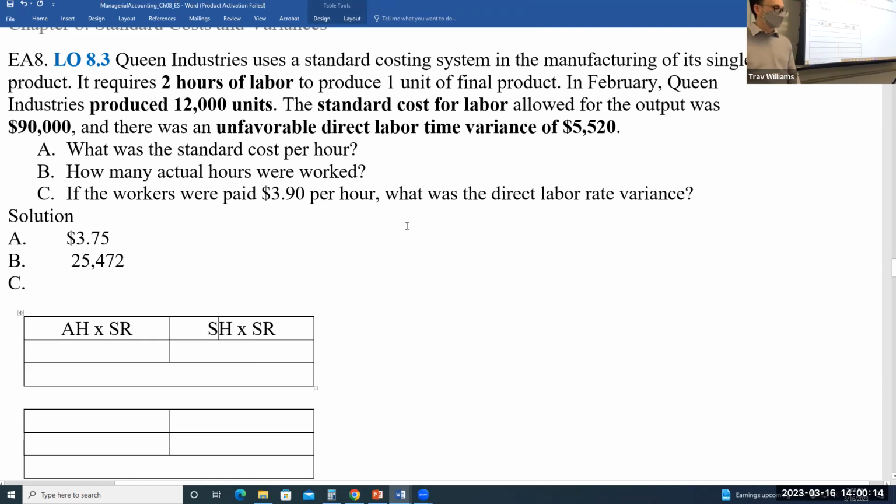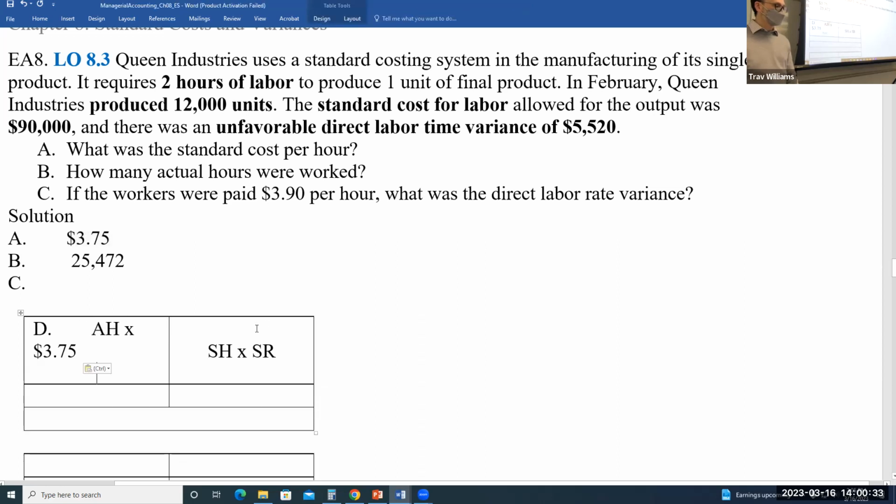Okay. So again, if we didn't know this answer, if we weren't sure how to find that number, we didn't know actual hours here, we could put the standard rate. That's what Drew figured out there for us.